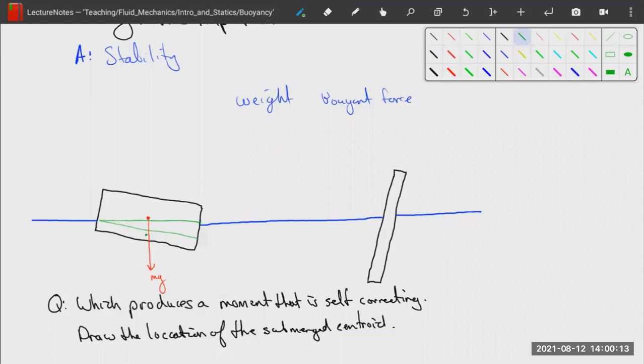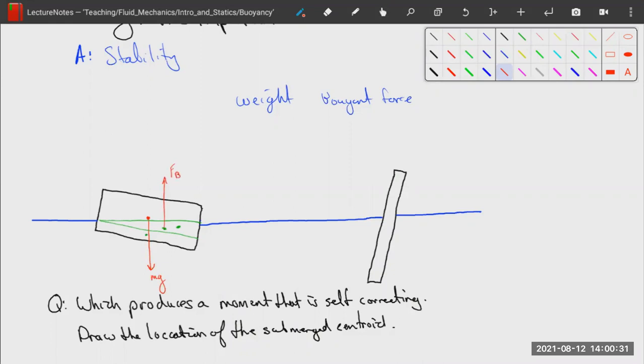So its centroid is somewhere right about here. Combined, if we're just doing an averaging in our head, the centroid for our submerged section is going to be right about there. So we have an F buoyant going right there.